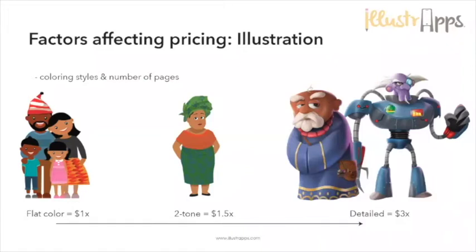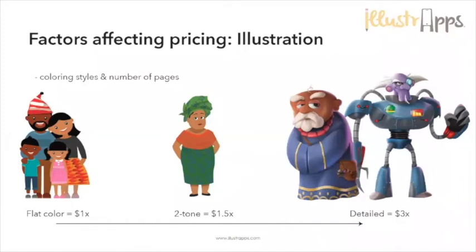The flat colored one is usually the cheapest. Then you have the next one, which is called 2 tones. For 2 tones, if you take note of the cloth that the lady is wearing, you can see a shadow, you can see a highlight.